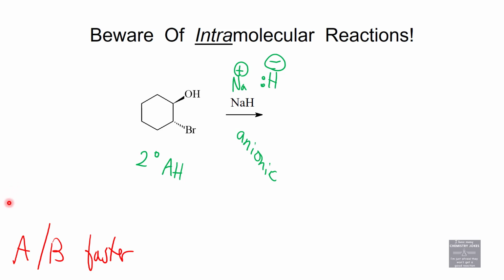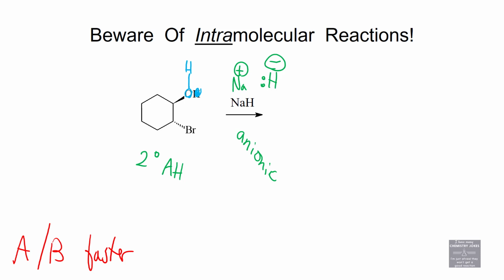The kinetics of an acid-base reaction are much faster than the kinetics of a substitution or an elimination or an addition. So really, any time something could be a base or could be a nucleophile, number one, it's got to be a base, because the kinetics of that reaction are so fast that it can't be a nucleophile before it does its acid-base thing. So why did I go on that little rant? Well, because I have an H connected to an oxygen here.